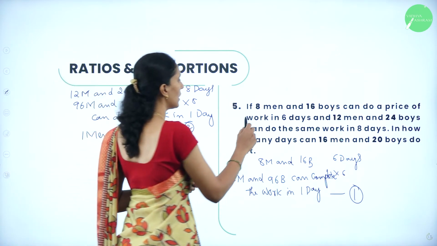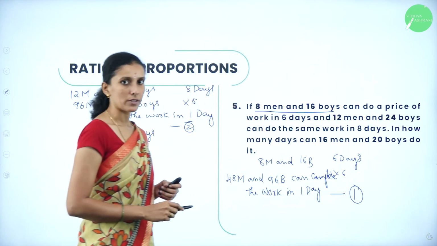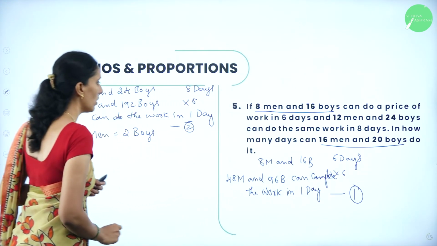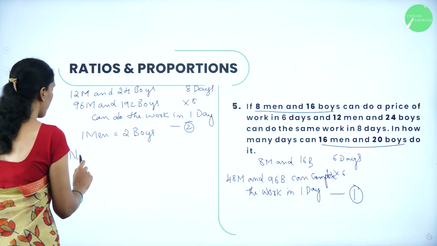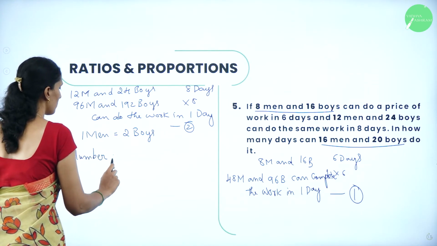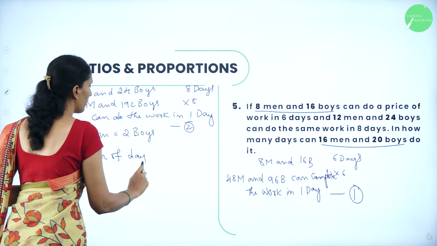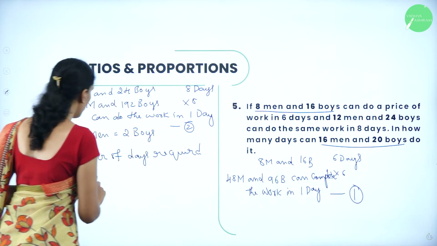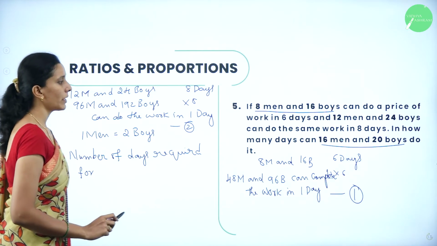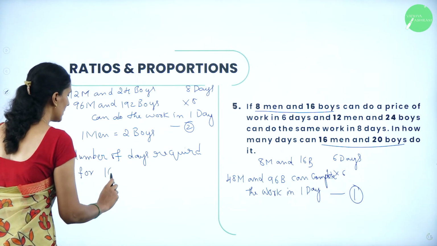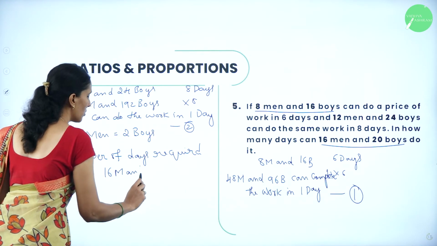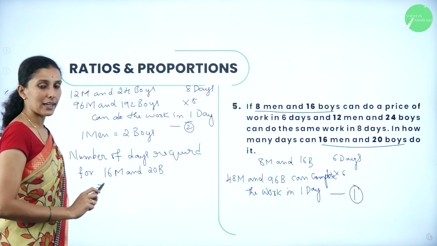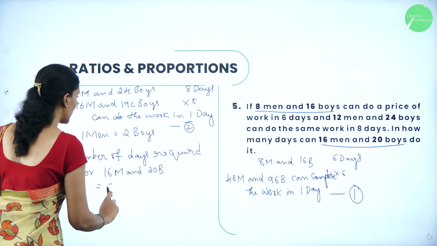So now we have here 8 men and 16 boys. I have to calculate the number of days required for 16 men and 20 boys. 16 men can be taken as 16 plus 16, 32 boys.